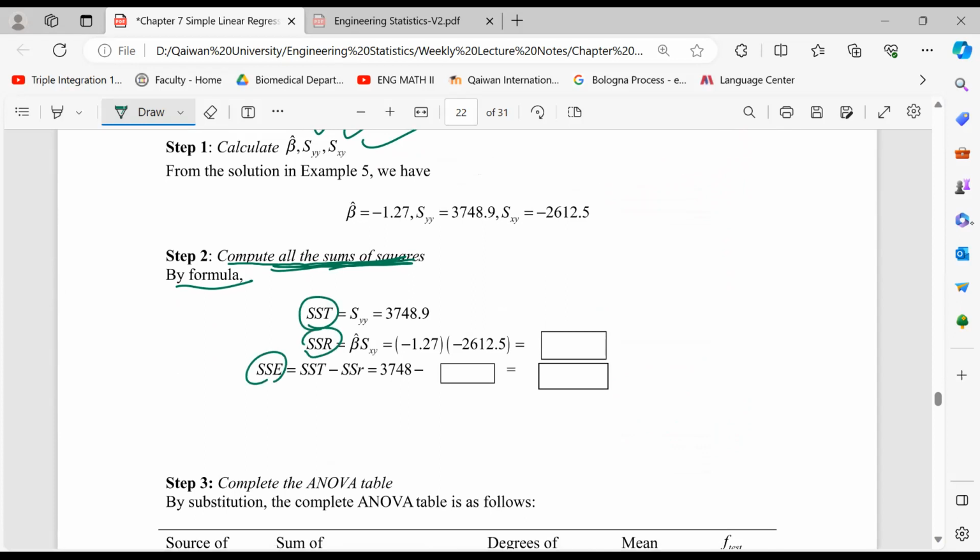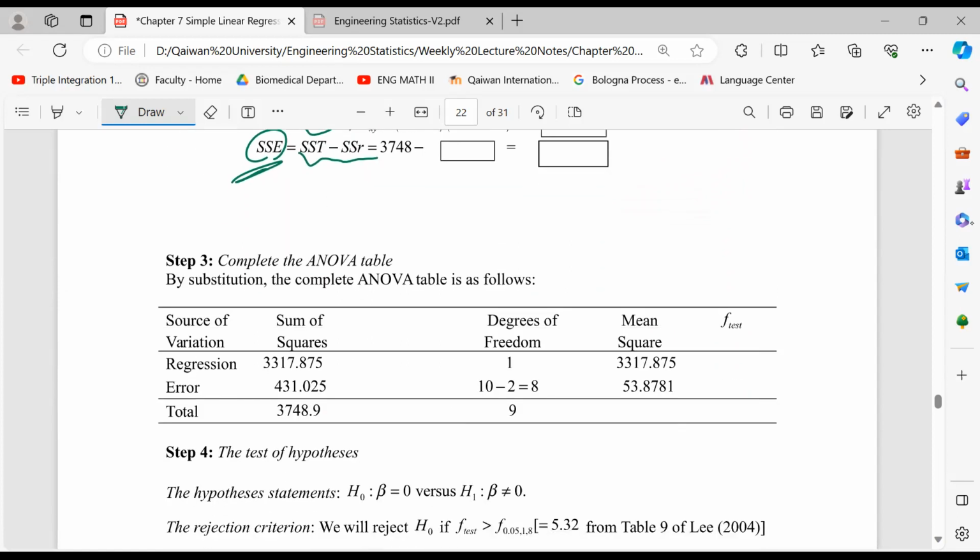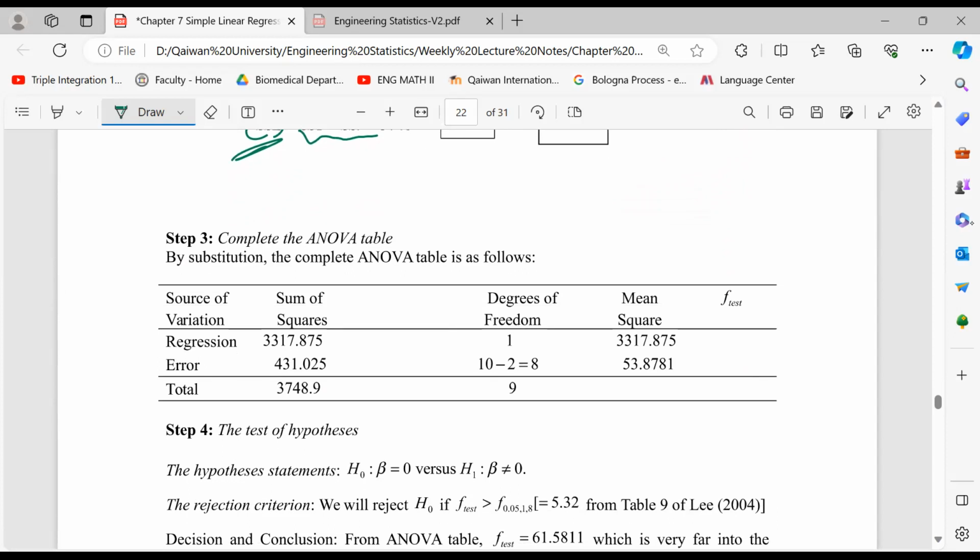We find these three things. Okay, this is SST, this is SSR and this is SSE. Then in step 3, we complete the ANOVA table. You must fill this table.